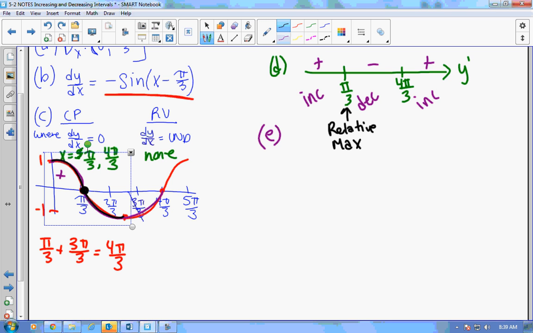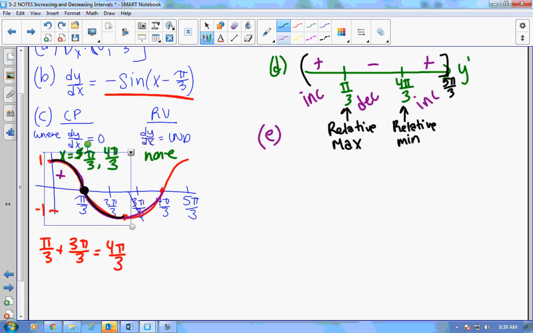Okay, do we know any relative mins? 4 pi thirds, because it's going from decreasing. And on our domain, we also had an open circle there, and then at 5 pi thirds, remember we had a bracket.